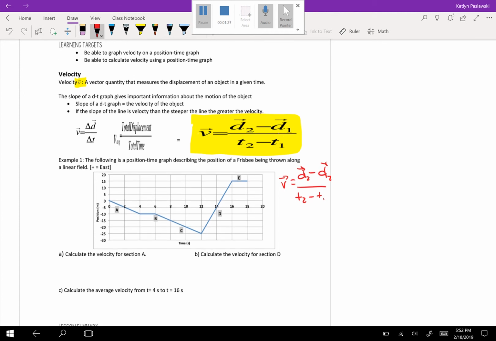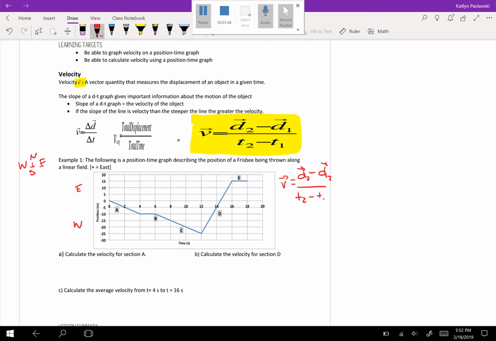We're looking at a position time graph that describes the position of a frisbee being thrown along a field linearly. If we look at positive, that is going to be east. And if we represent our compass rose on the side, we know that west is then going to have to be any negative value.